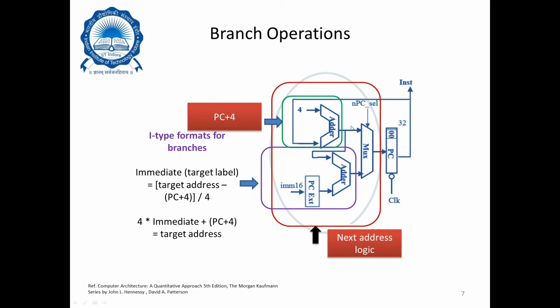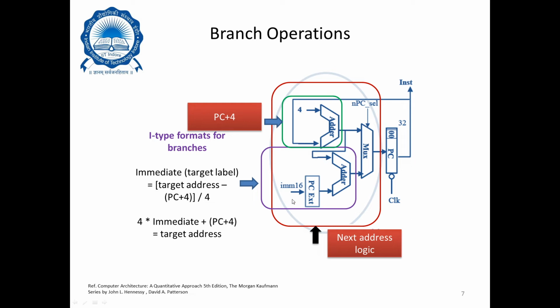So this gives you PC plus 4 here at the output of this adder, and that PC plus 4 is again fed into another adder and added with the 16-bit immediate field, or in other words we will extend this to 32-bit sign extended, which I already had said. So this becomes 32-bit here.